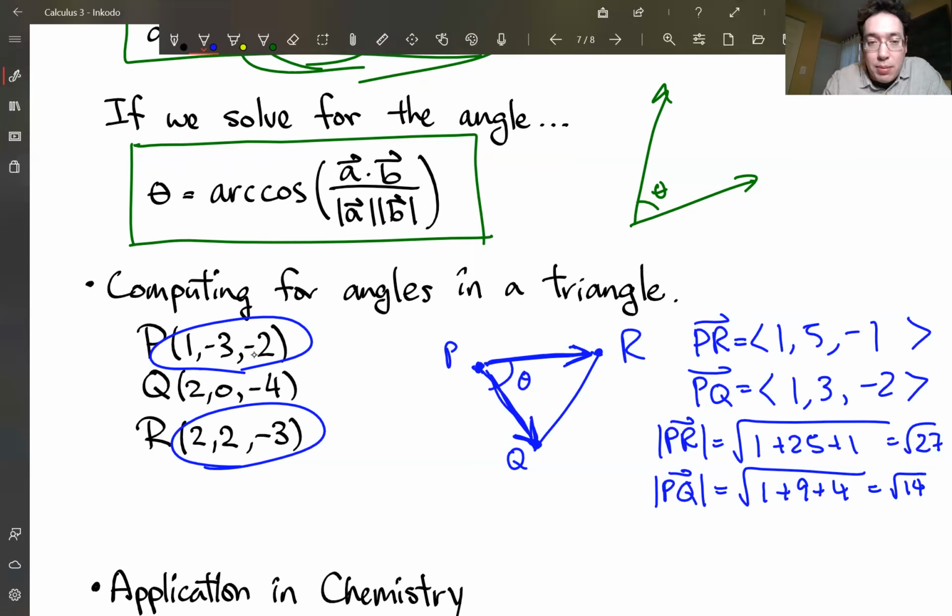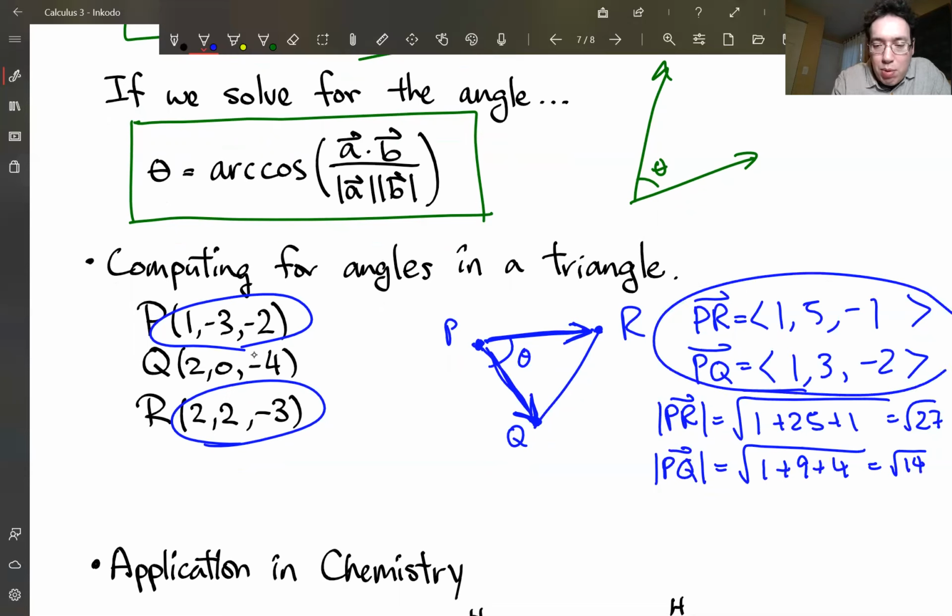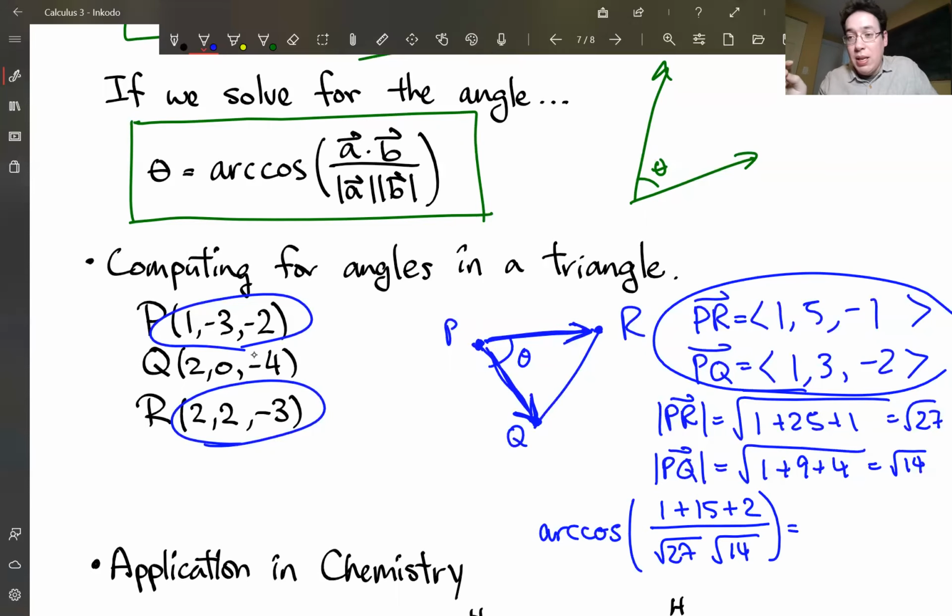at P. So we could just plug it in. If we take these 2 vectors and look at the dot product, so ArcCosine, the dot product is 1 plus 3 times 5 is 15, plus -1 times -2 is +2, divided by root 27 times root 14. And you're going to need a calculator for this.